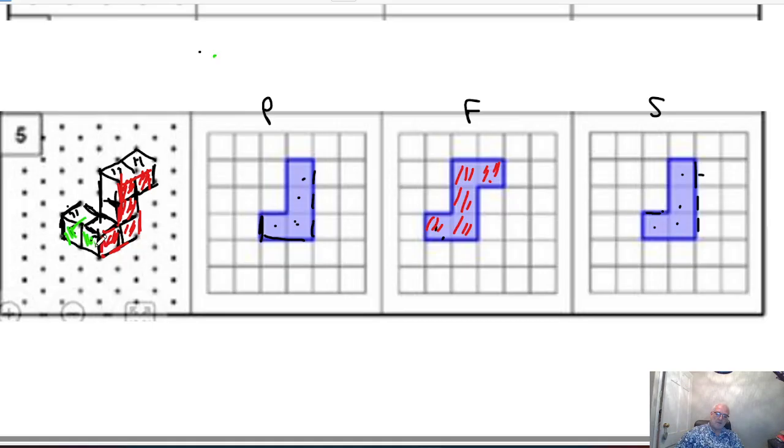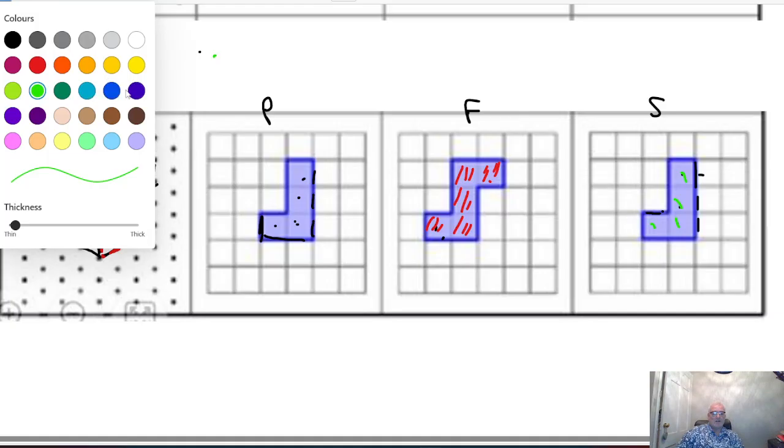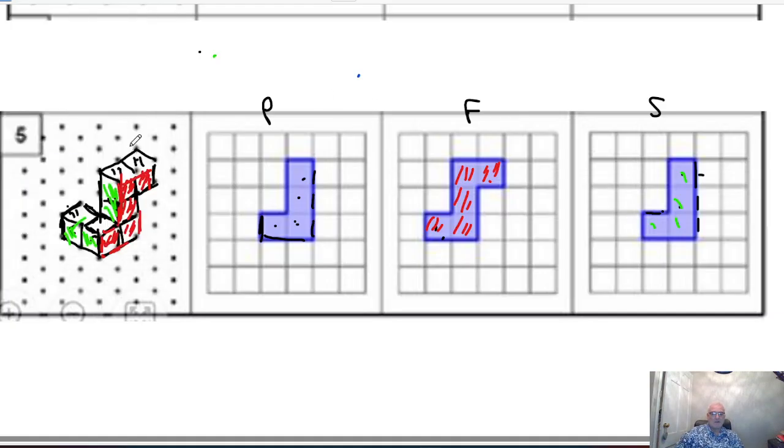So my side elevation is 1, 2, 3, 4. I'm happy with that. I now go back to my plan elevation. I should be able to see 4 squares. 1, 2, 3, 4. Okay, so that's the shape I'm looking for, that cube.